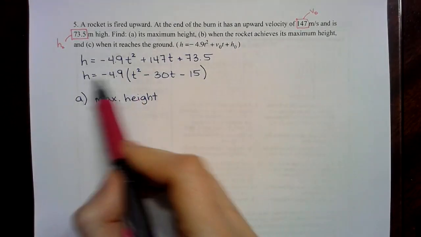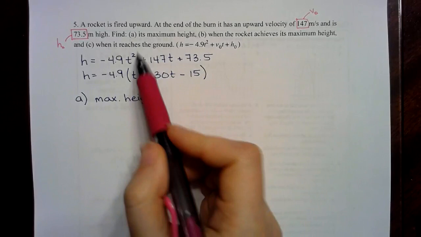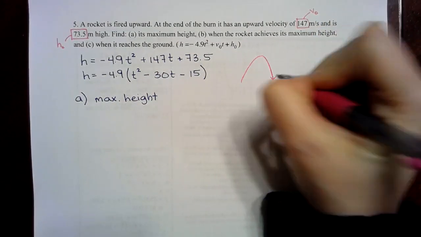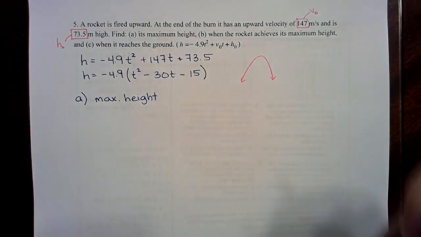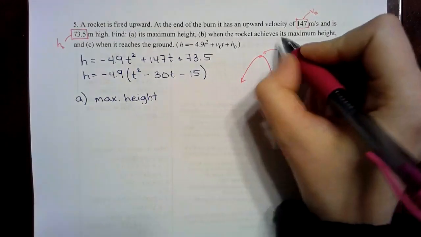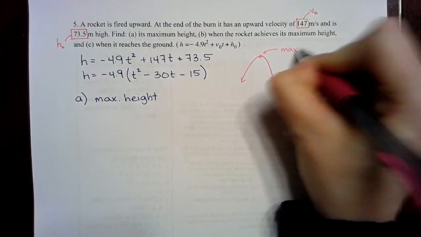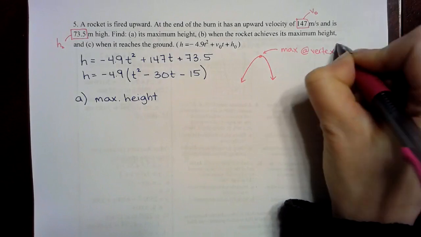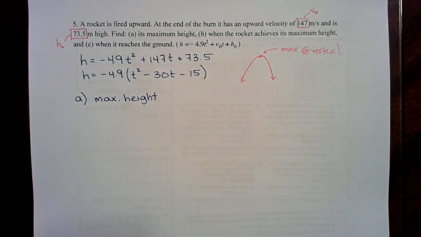Let's look at this formula. It starts with a negative for its a, which means that it's going to have this kind of shape. So the maximum height will happen at the vertex.